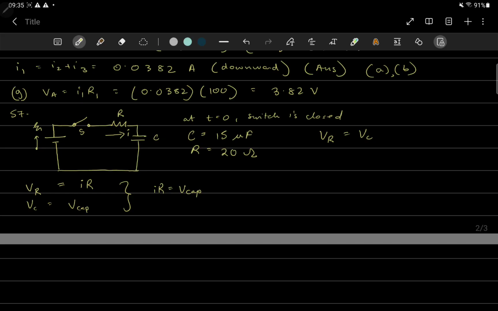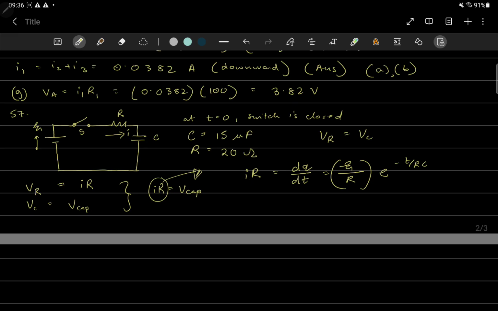So I can just use the expressions that I have from the book that we solved in the earlier video. So now first we do this. This is equal to IR, and I know I is dq by dt, right? And I already have an expression for this when I'm charging the capacitor, which I wrote earlier as zeta by R times e to the power of minus t by RC.